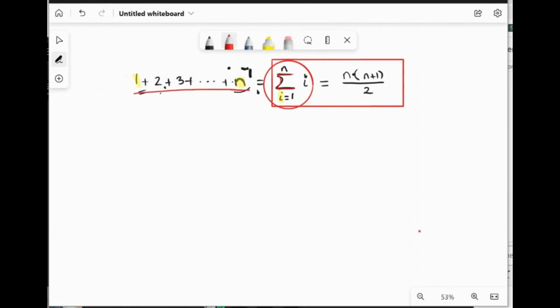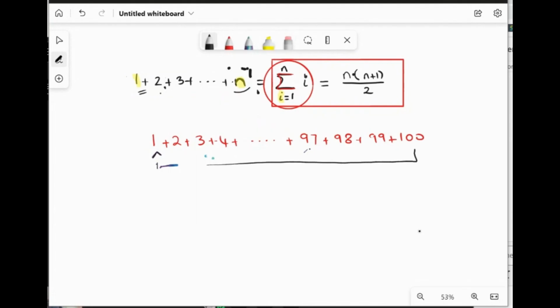If you need to add the terms like the integers from 1 to n, then you can just make use of this formula. And in fact, the derivation of this is very nice. So if you add 1 and 100, you will find 101.